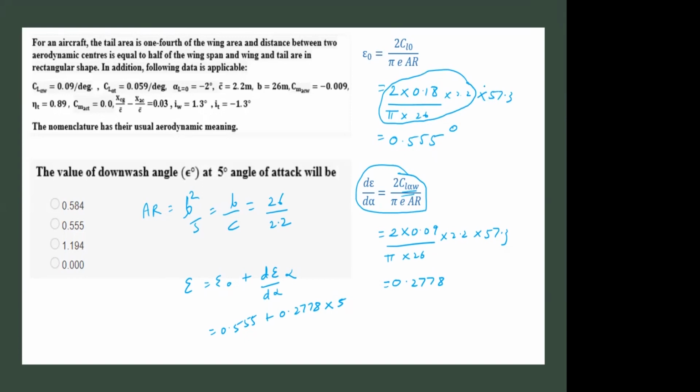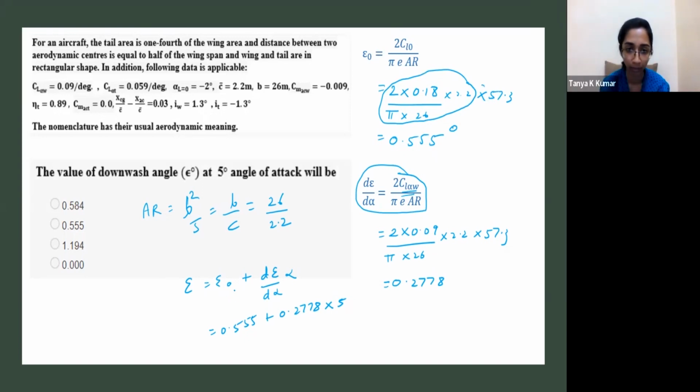So I can actually omit this step here and do that here, because your alpha is in degrees. Now, this term, d epsilon by d alpha, is unitless, and that value will come only if this Cl alpha is in per radians. It will not be the same if it is in per degrees. This equation holds true only if it is in per radians.